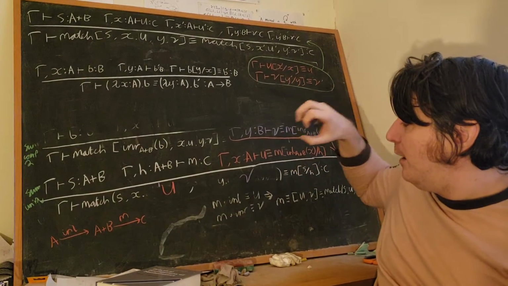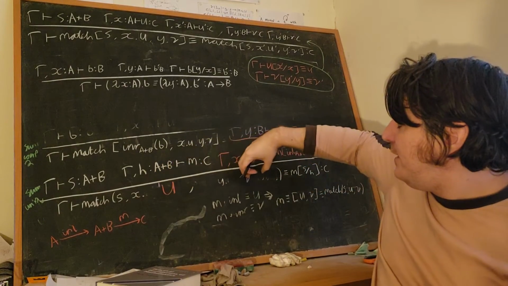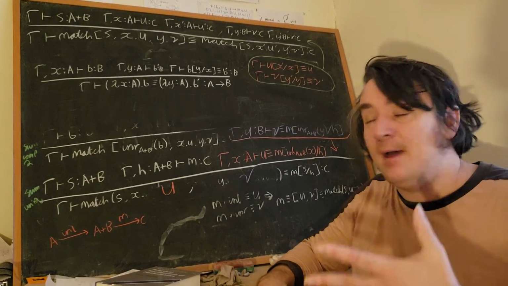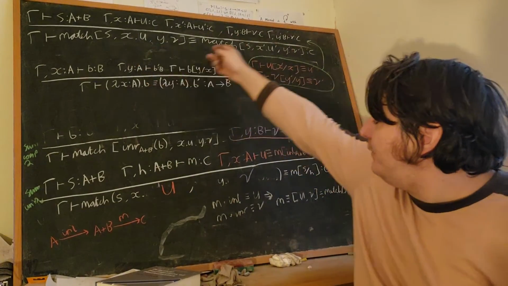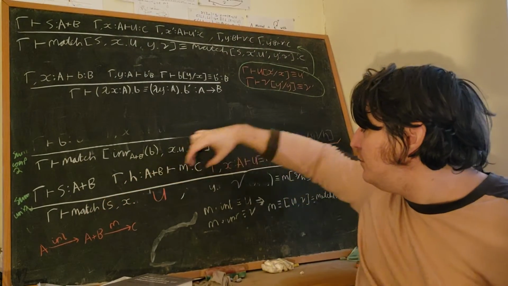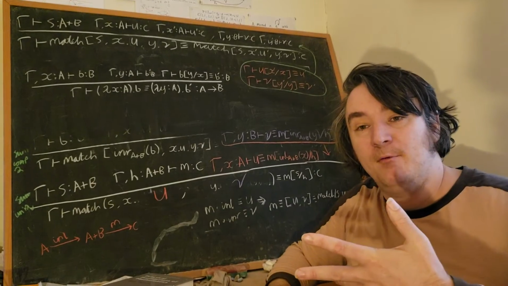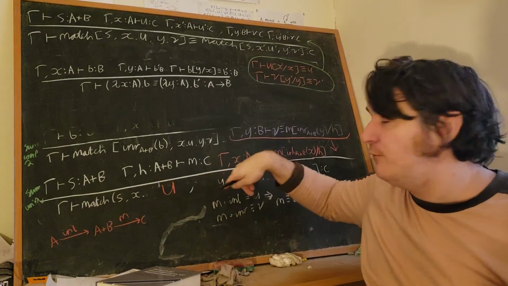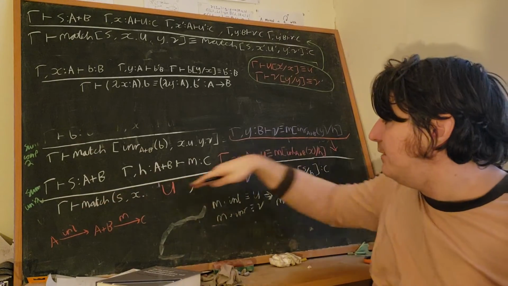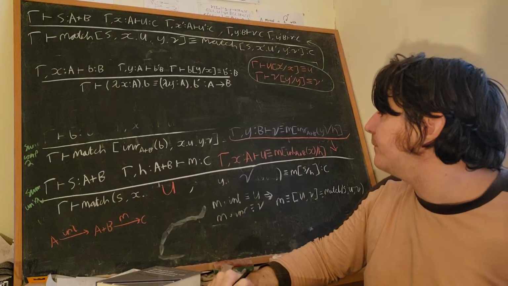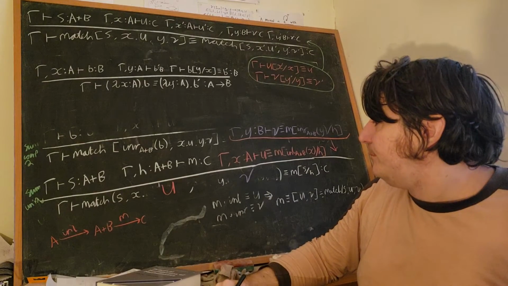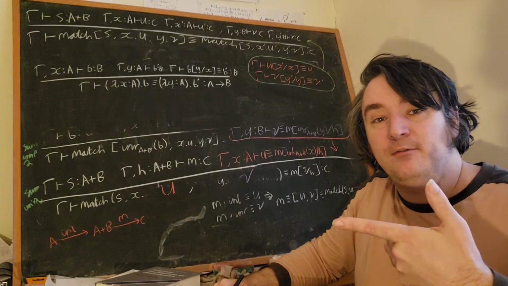Once we show that the U and V that we're building with are equal to the expressions that were there before, some version of this allows us to say that the whole match that we build using these new U's and V's is equal to what was there before. Then we can just use the transitivity of equality to obtain this result. So that's it. That's how we get this universal property.